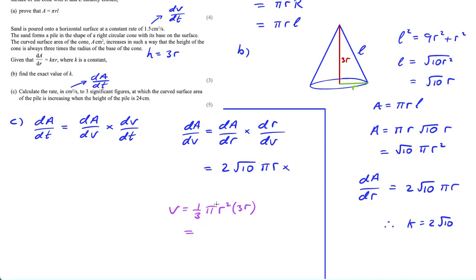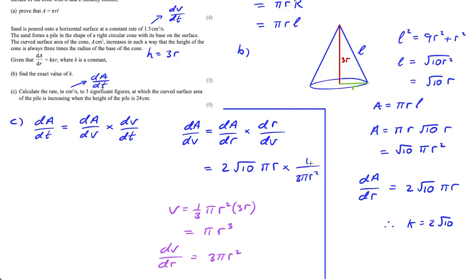The 3's cancel. It's actually just pi r cubed. Now I want dV/dr. dV/dr is 3 pi r squared. If dV/dr is this, what's dr/dV? Well, we flip it, so this becomes 1 over 3 pi r squared.